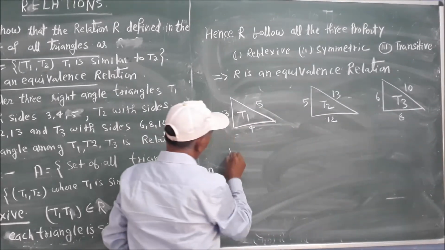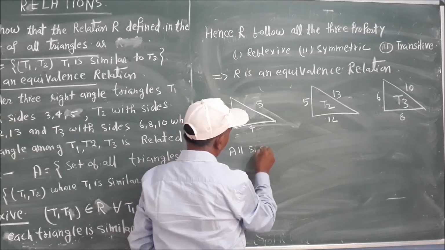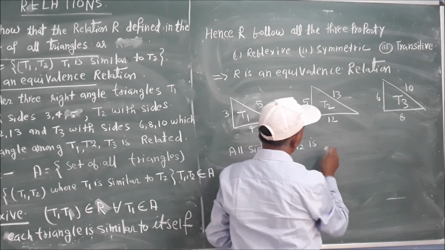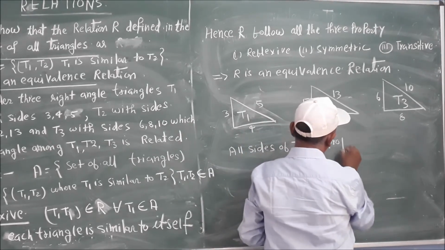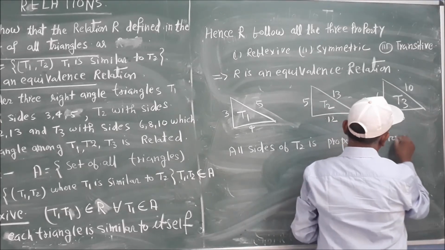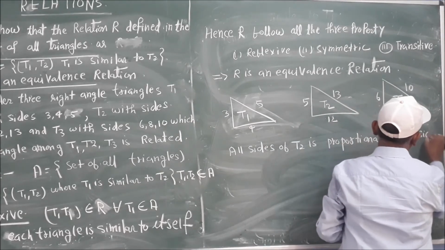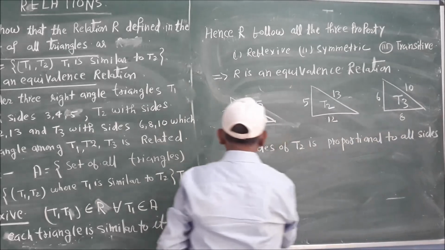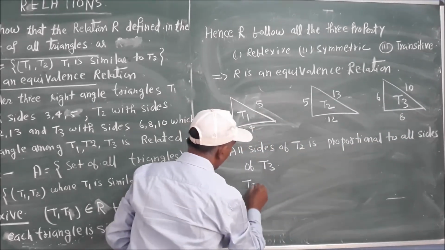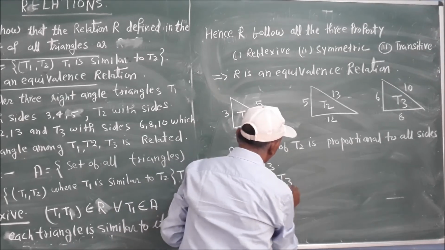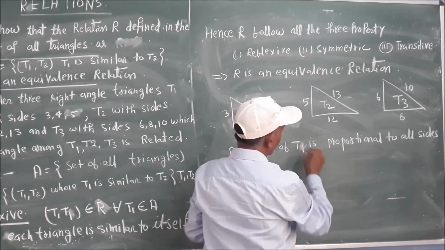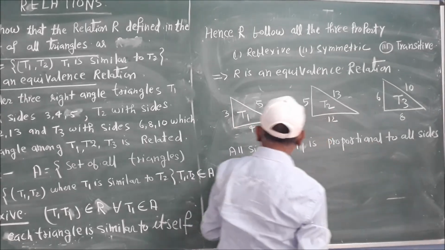So you can say all sides of T1 are proportional to all sides of T3.